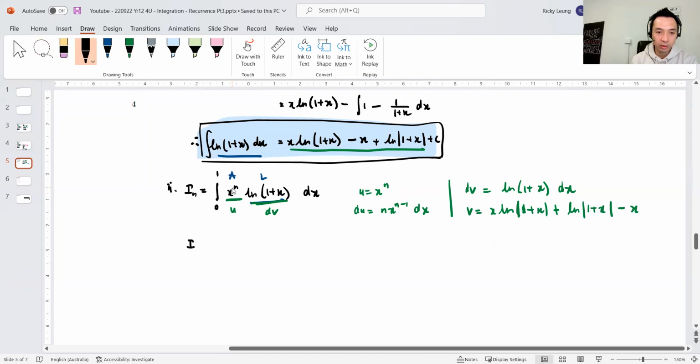So therefore, I_n equals u times v. Wow, that's ugly. Let me just make sure that's right. I guess so. Well, half the answers go away when I'm putting 0, so it shouldn't be that bad. Let's see, x^n times (1+x) ln(1+x) minus x, between 0 and 1.